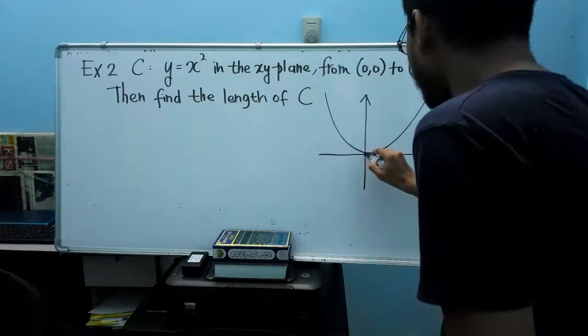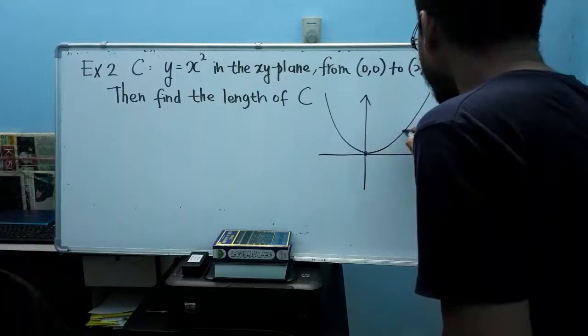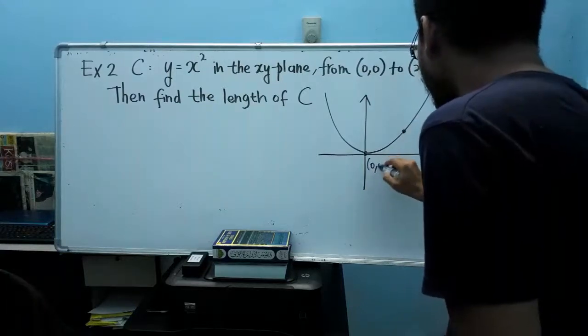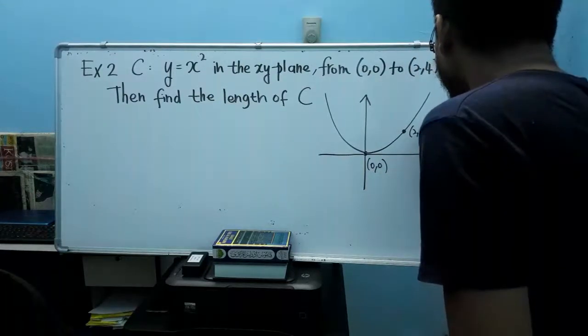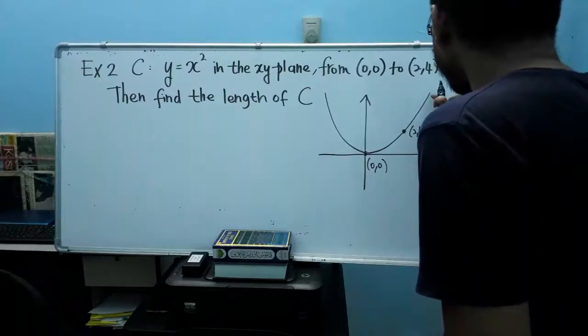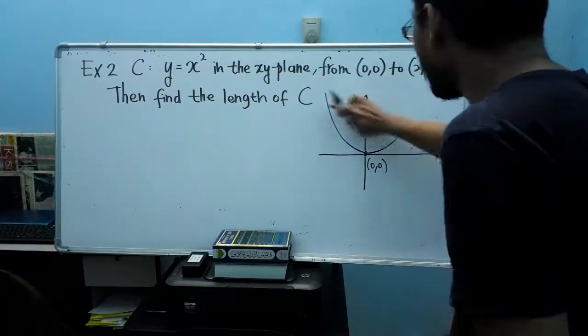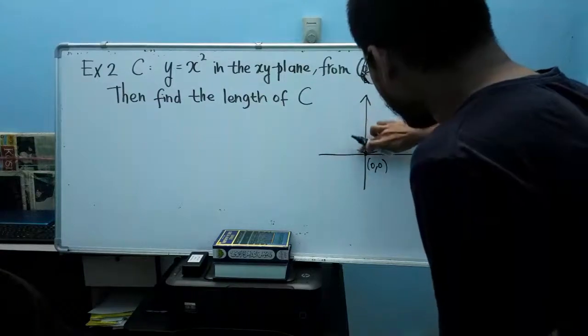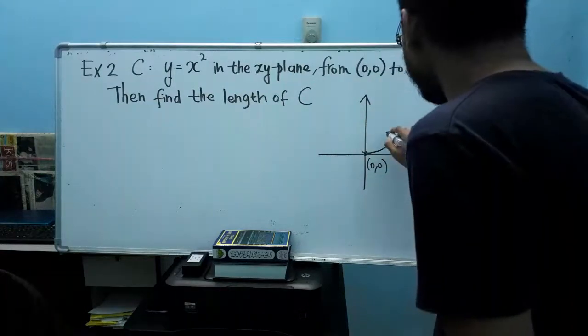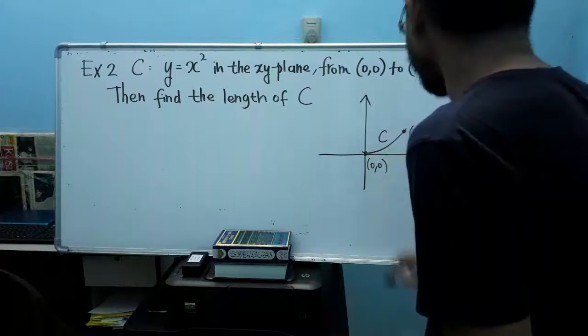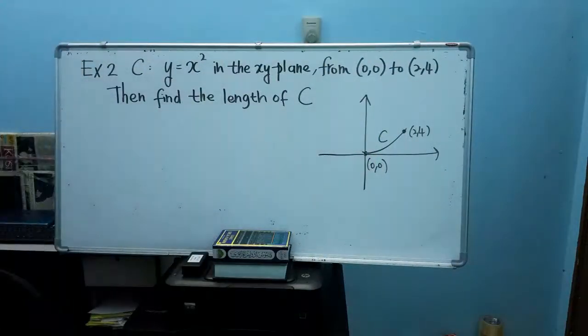So you have (0, 0), and then you have (2, 4) somewhere here. This one will be our C, just a portion of our parabola.